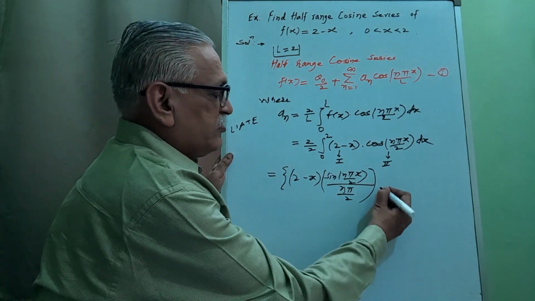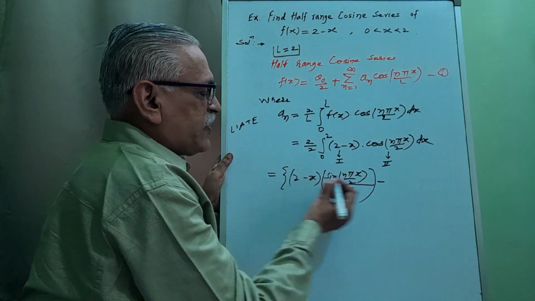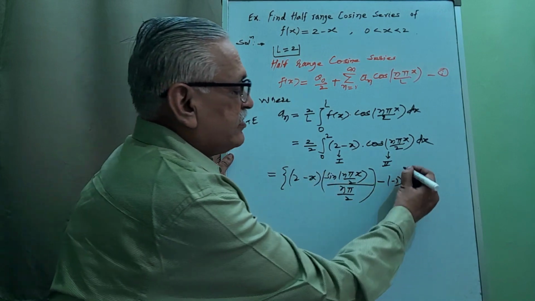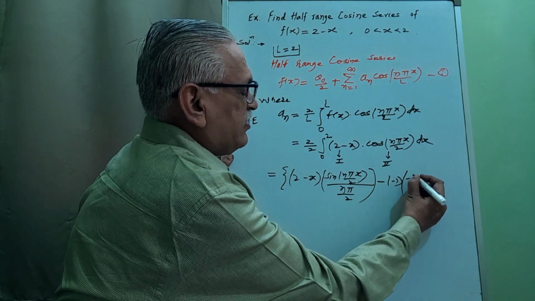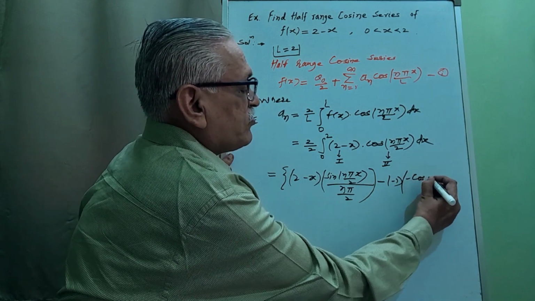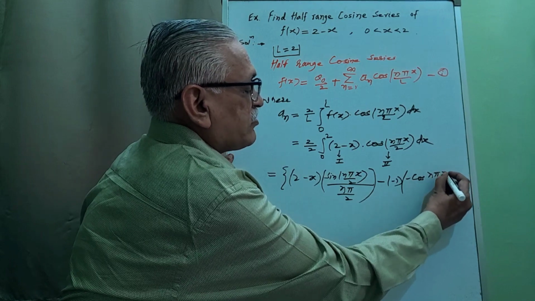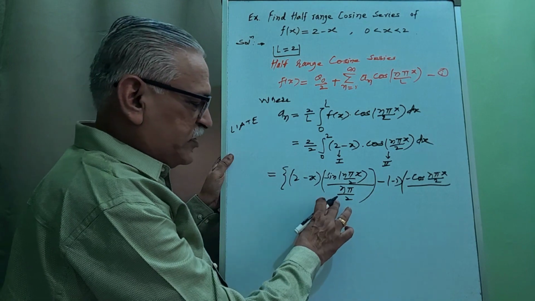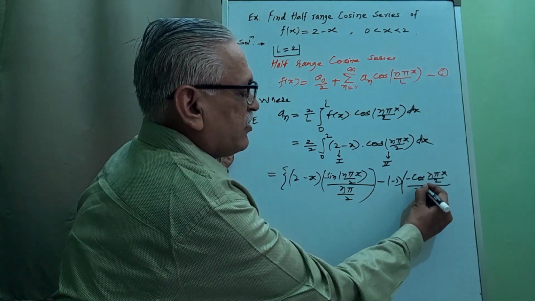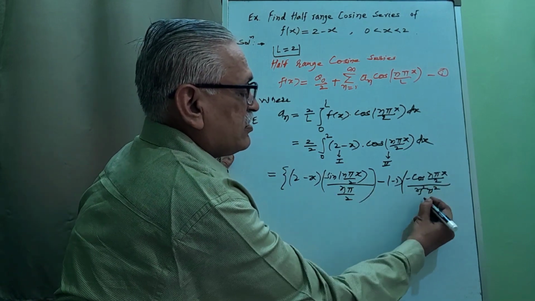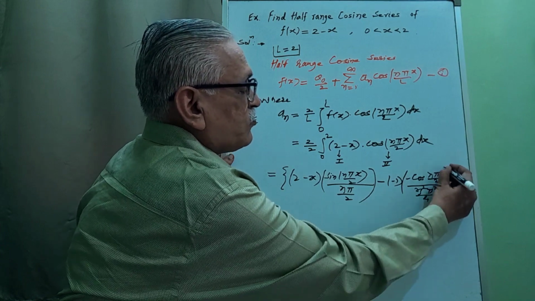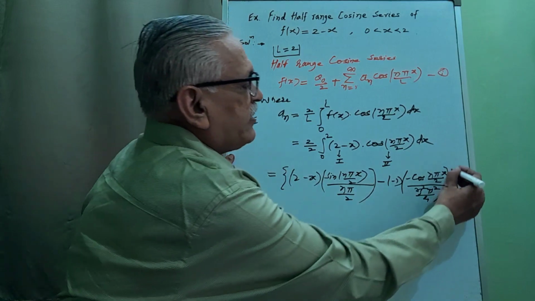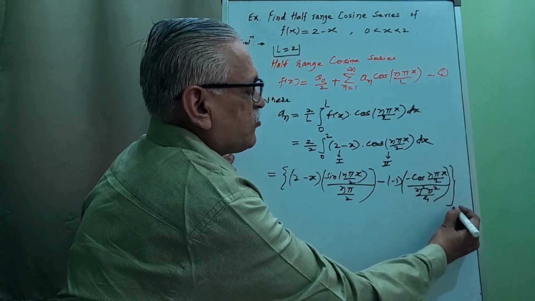Then minus the derivative of the first term, which is minus 1, times the integration of sine, which is minus cos of n pi x by 2, divided by the square of n pi by 2. Therefore, the square is n square pi square by 4. The next derivative is 0, we stop here, with limits from 0 to 2.